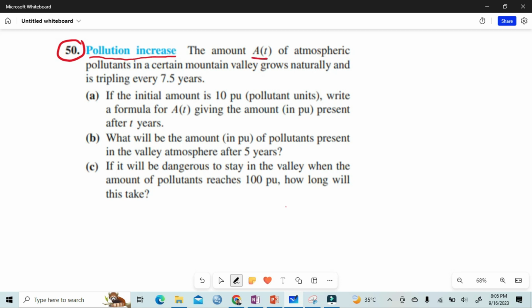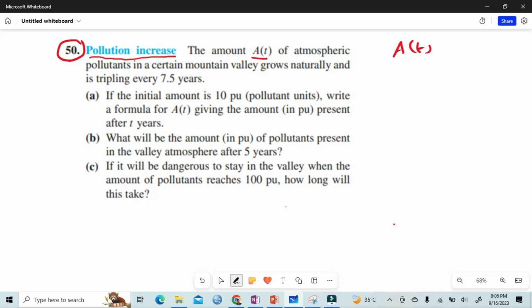The amount A of t of atmospheric pollutants in a certain mountain valley grows naturally and is tripling every 7.5 years. Initially we don't know what the amount is, so let's take it as the initial amount of pollution. A of t is the atmospheric pollutant density at time t.